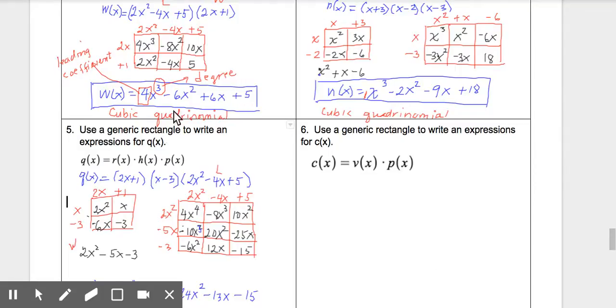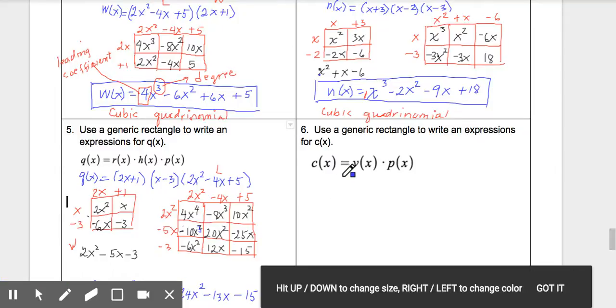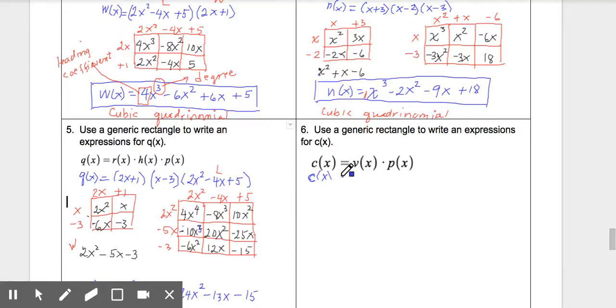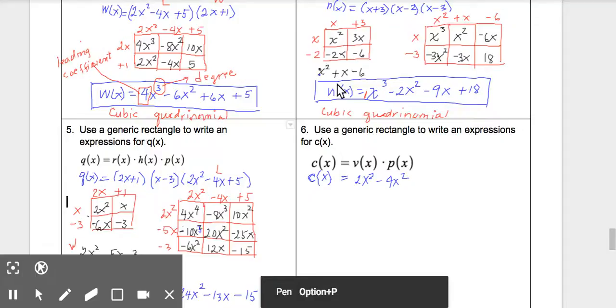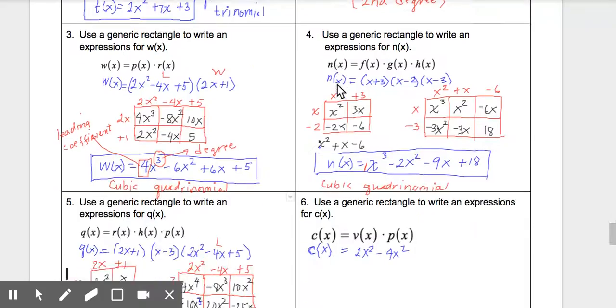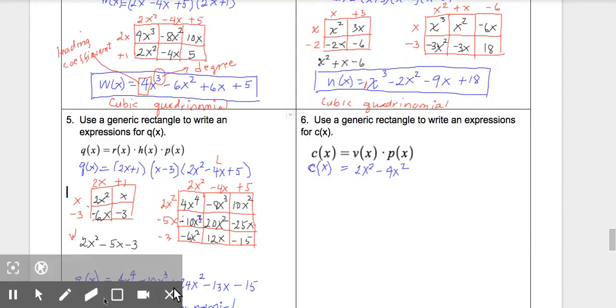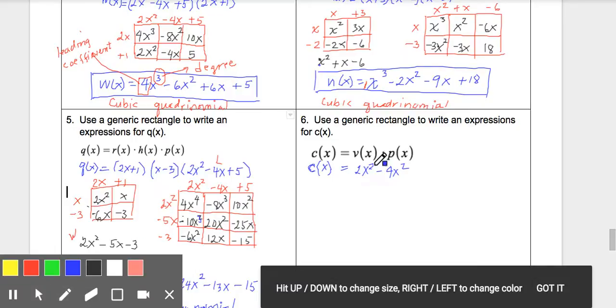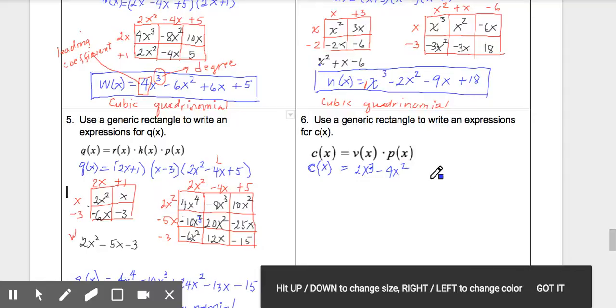So let me write this down first. 2x cubed minus 4x squared minus 13x plus 2.